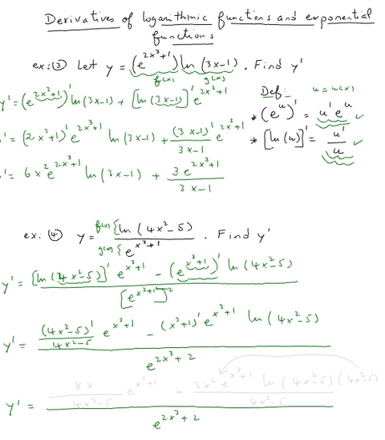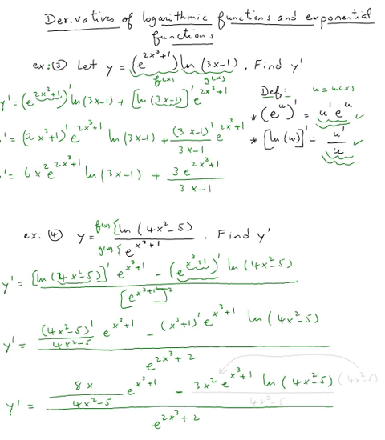Now derivative of 4x squared minus 5 is 8x over 4x squared minus 5 e to x cubed plus 1 minus derivative of x cubed plus 1 is 3x squared e to x cubed plus 1 ln of 4x squared minus 5.